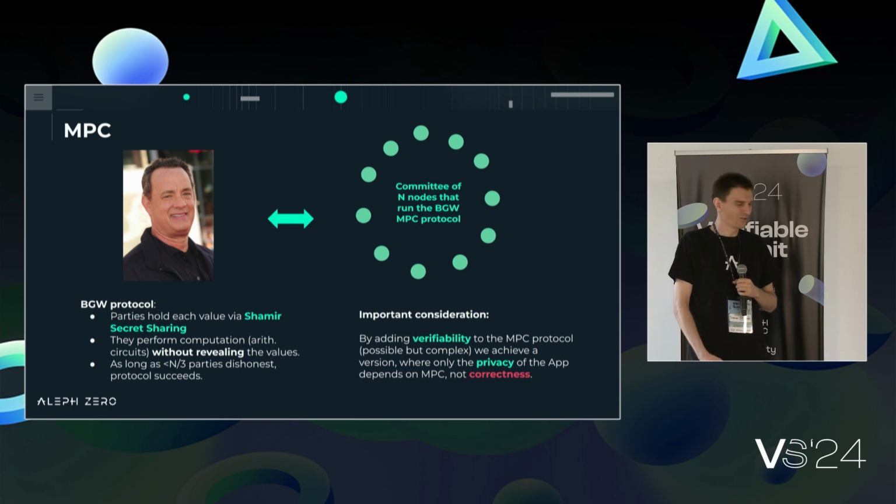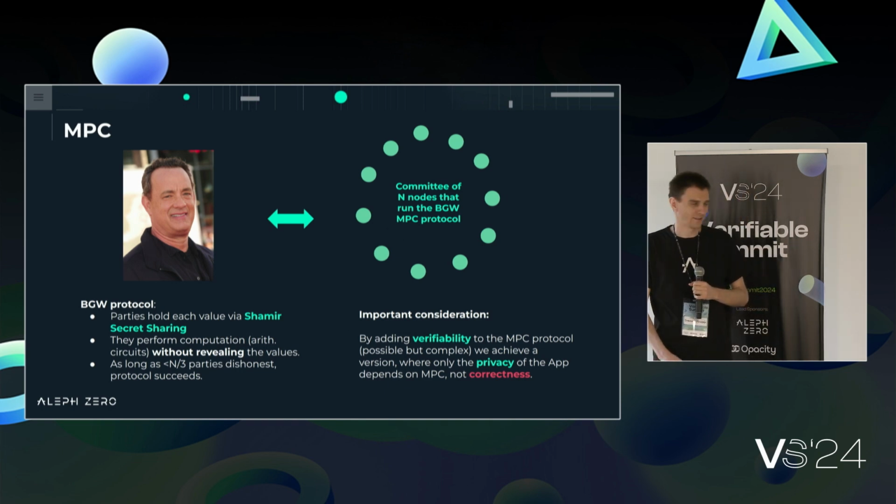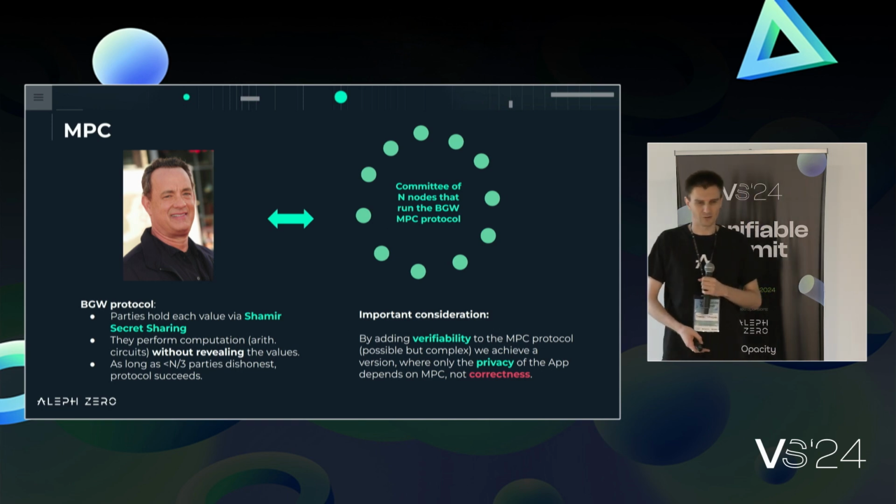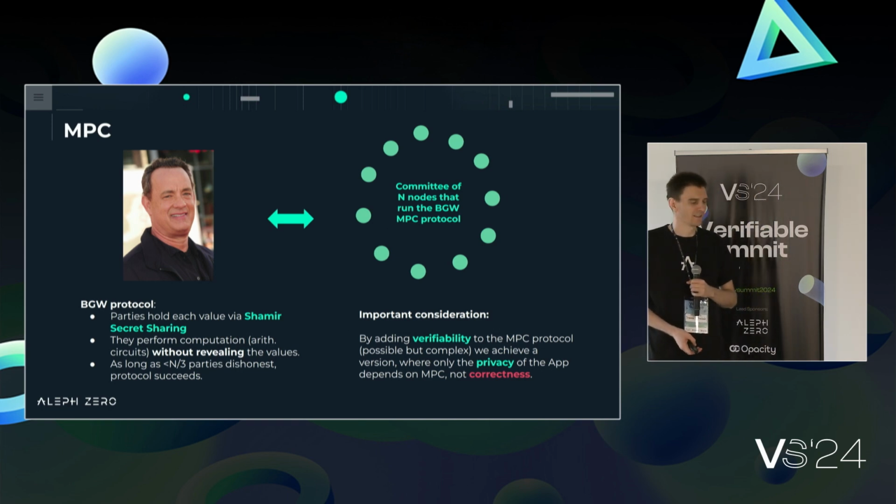As long as enough parties are honest, the protocol will correctly compute the output of a particular functionality without revealing any of the inputs. So this is exactly what you want. This is exactly how we think about the trusted party. Good.